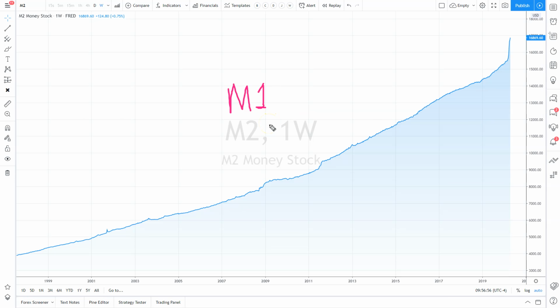So the bills, the US dollars that are in the market is the M1, and for the M2, we're going to add M1 plus the deposits that we have in our banks, the savings, the checking accounts, something that we can very easily convert into cash. So that's the M2.